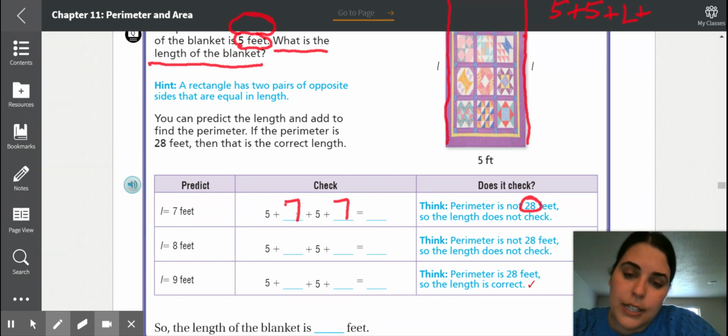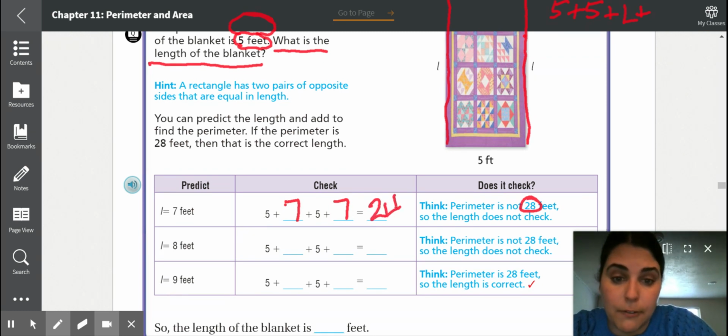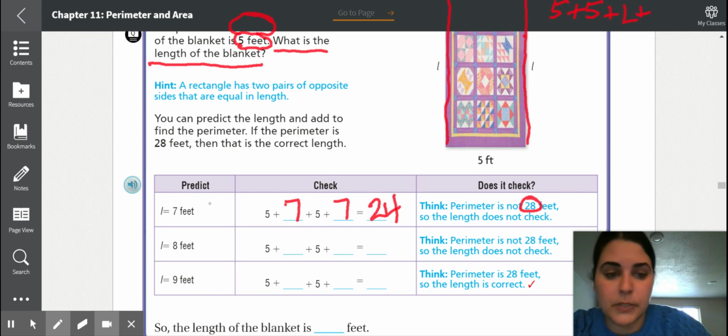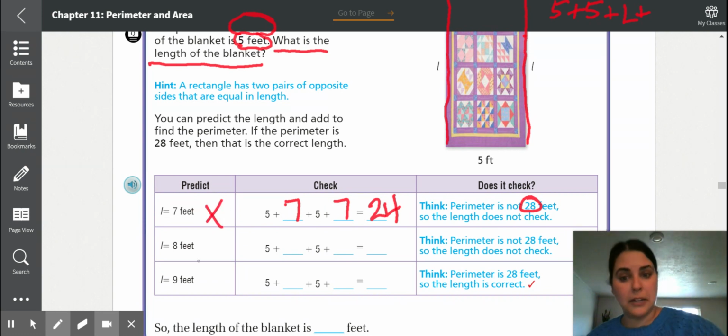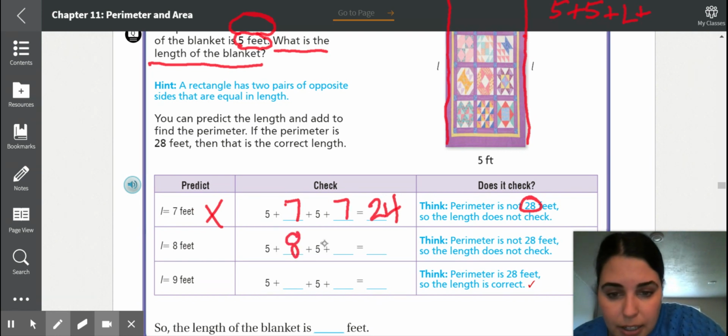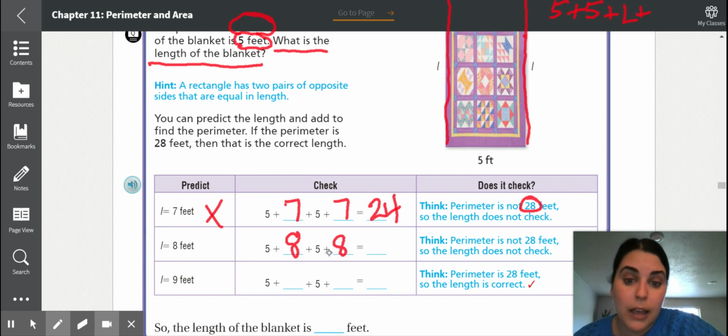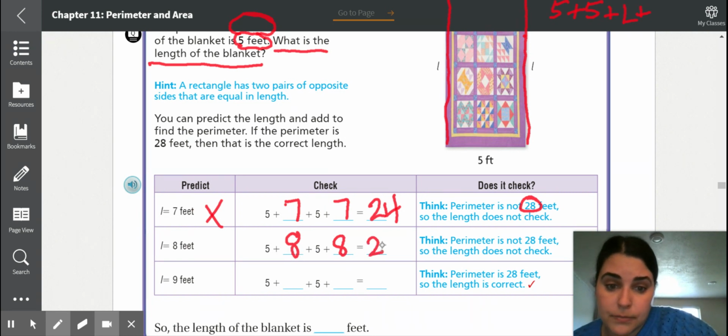Well, 7 plus 7 is 14, and 14 plus 10 is not 28, it's 24. So it cannot be 7. Let's try 8. 5 plus 8 plus 5 plus 8. Well, 8 plus 8 is 16, and 16 plus 10, that's 26.